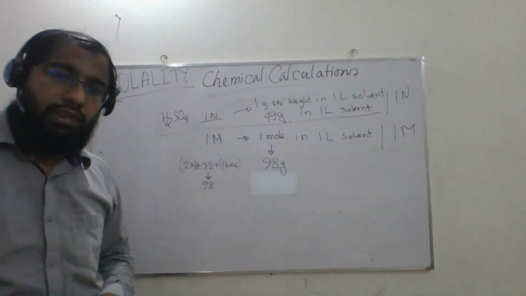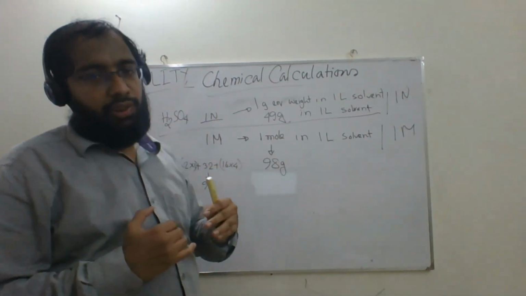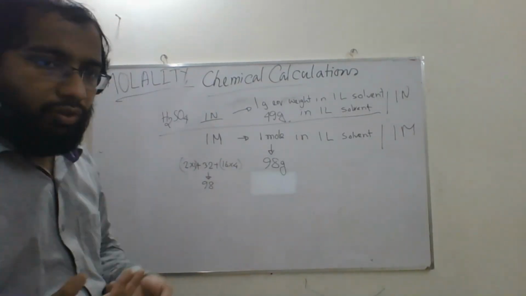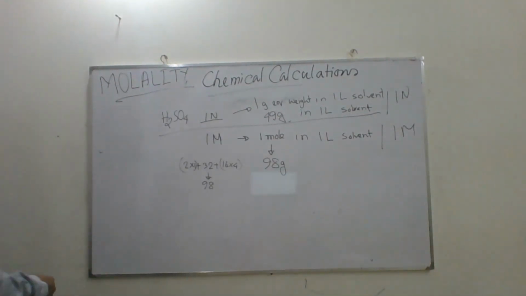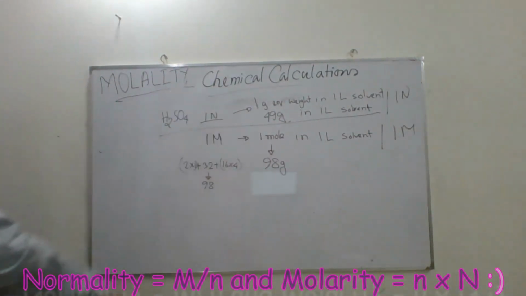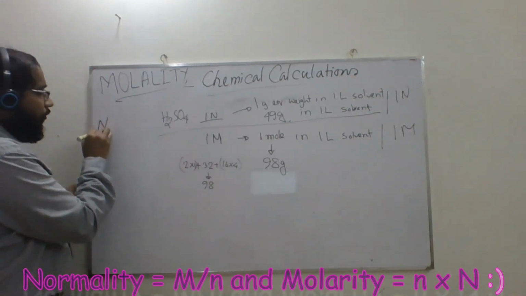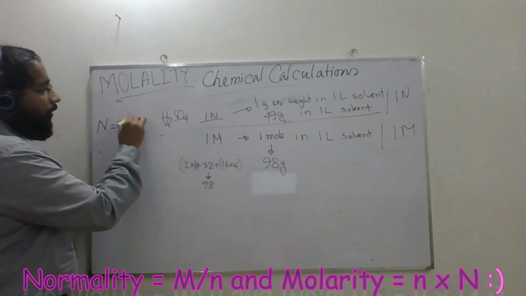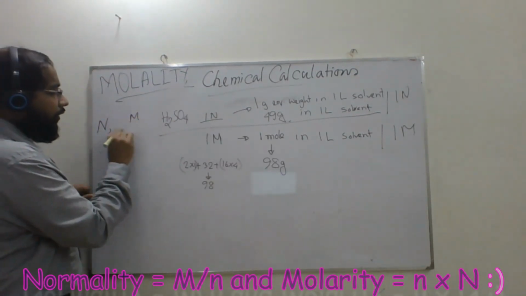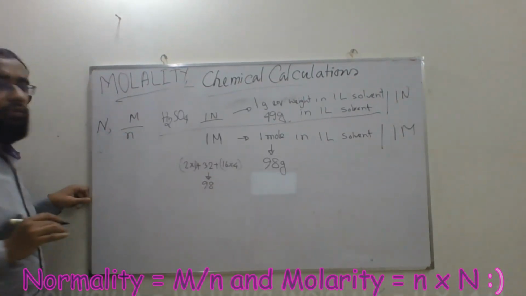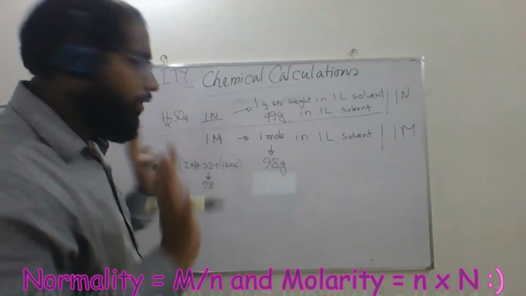Now, what is the factor to find out the equal molar solution from a normal solution, or equal normal solution from a molar solution? If you look at this math, then you will find out the factor. Basically, in normality, we divide the molecular weight by the number of ions present, it could be H plus, it could be OH minus.